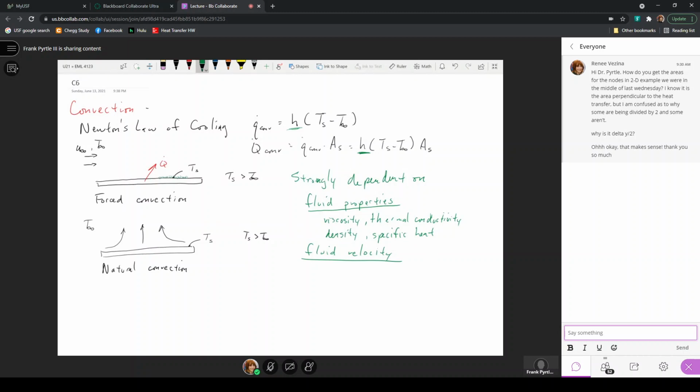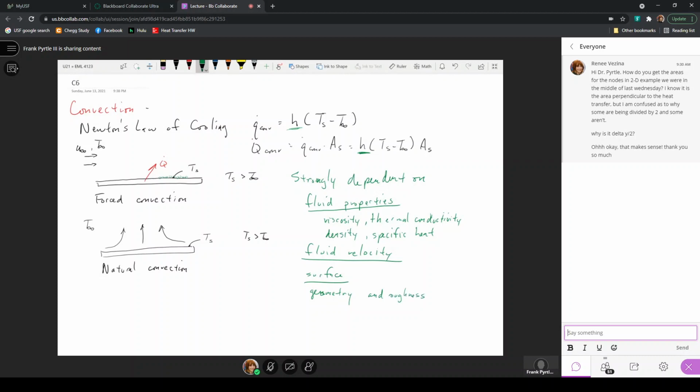And then we also have to consider the surface geometry. Actually, we'll say the surface, and that will include the geometry and the roughness.